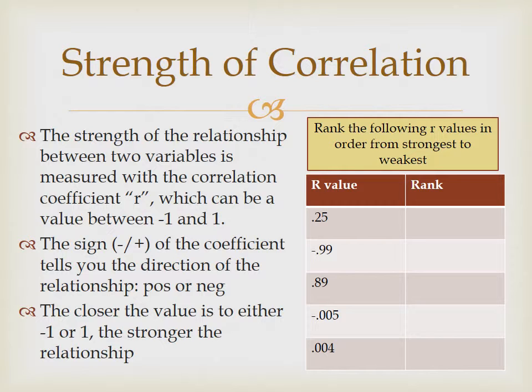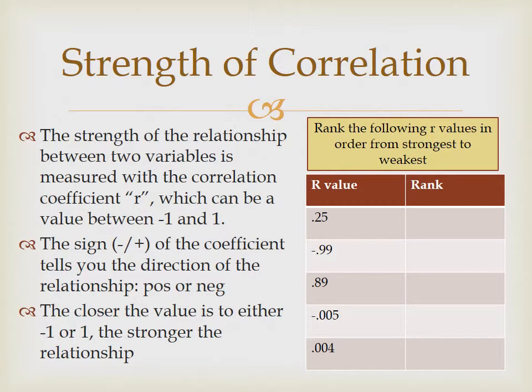But what you can see is if there's a negative symbol by it. So -0.5 would be a negative correlation, but just 0.5 would be a positive correlation. The most important thing to remember when looking at the R value is that the closer the value is to either -1 or 1, the stronger the relationship.